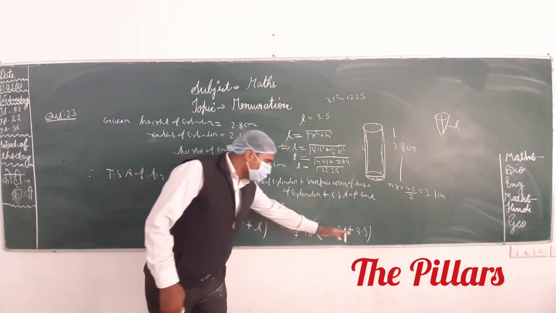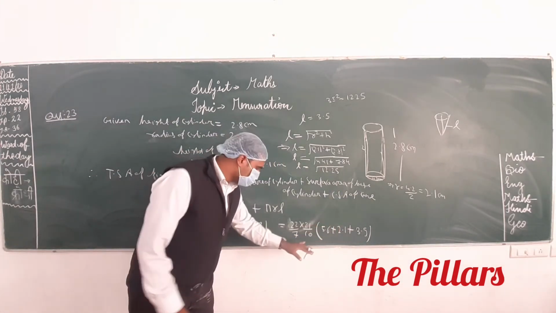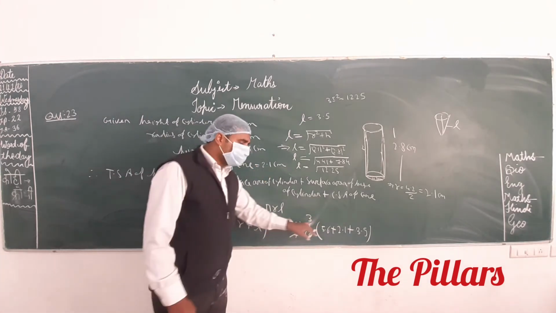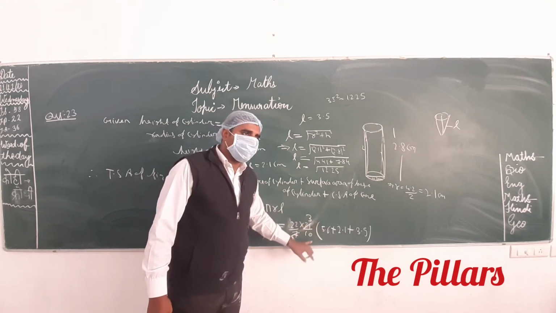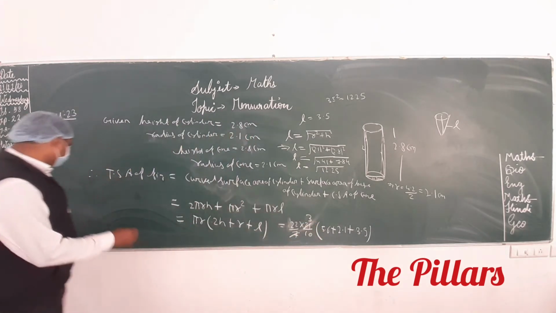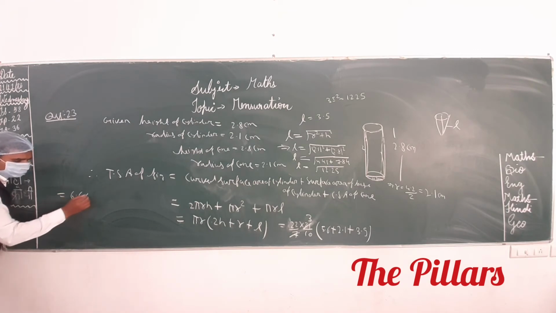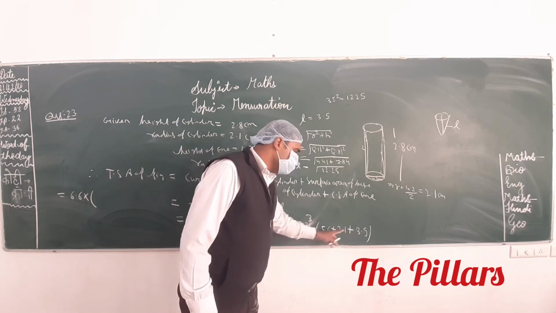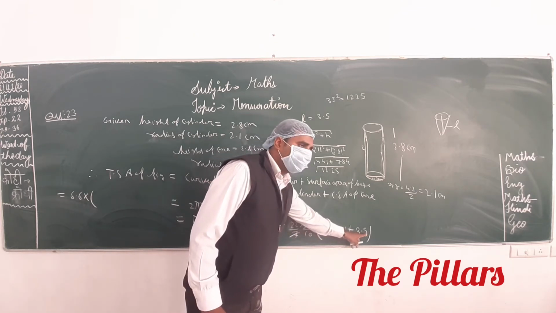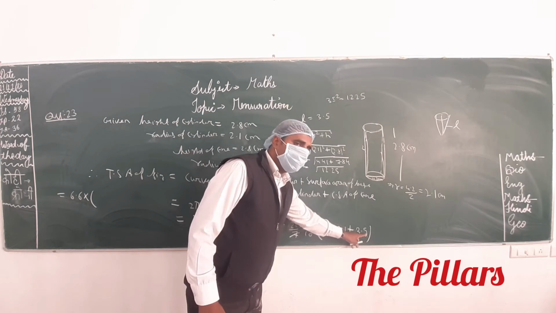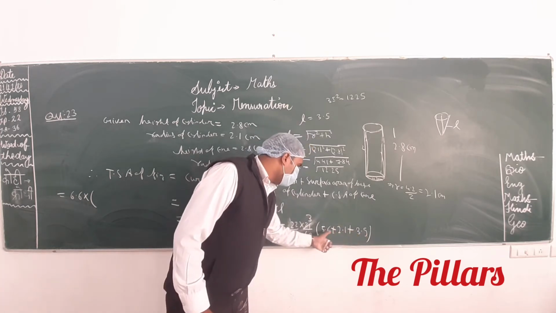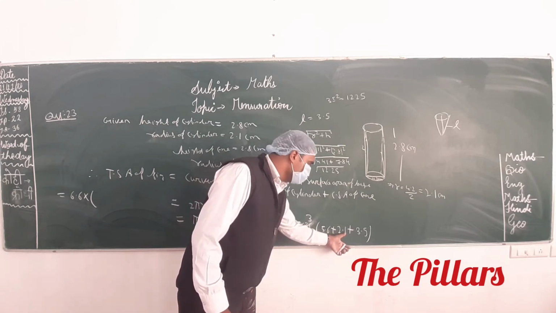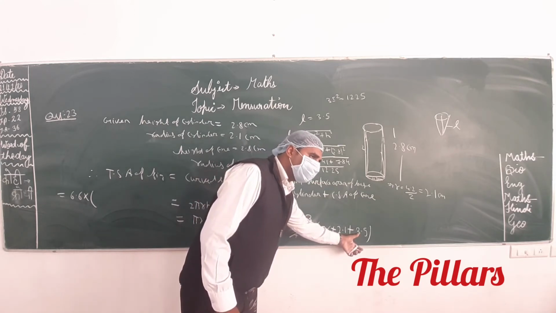You see how easily we calculate our solution. 7 3s are 21, 22 3s are 66, 66 divided by 10, it means 6.6 into, you have to add these values. 5.6 plus 2.1 is 7.7, plus 3.5 is 11.2.